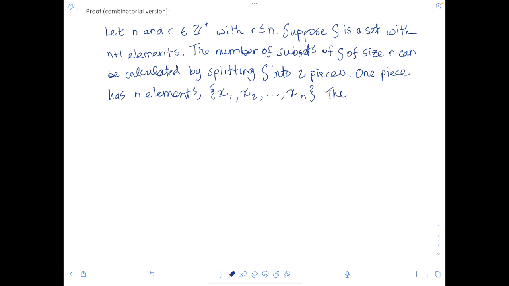The other piece has one element, x sub n plus 1.